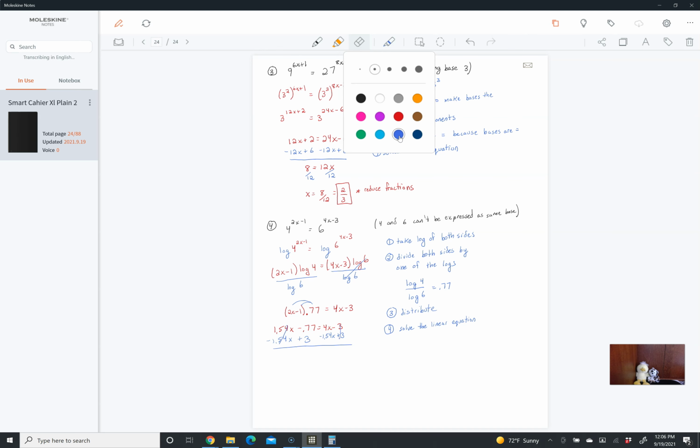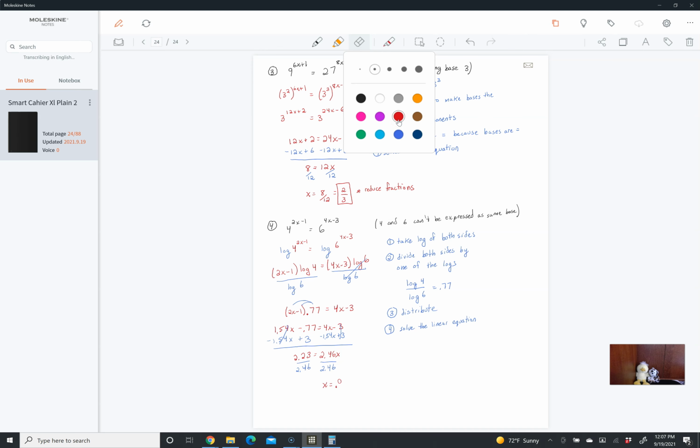So that the 3's cancel on one side, the 1.54x's cancel on the other side. I'm not spending a lot of time on this because we went over solving linear equations in the first unit. So you can go back to those videos if you have questions. We have 2.23 is equal to 2.46x. Divide both sides by 2.46. And you get that x is equal to 0.191.